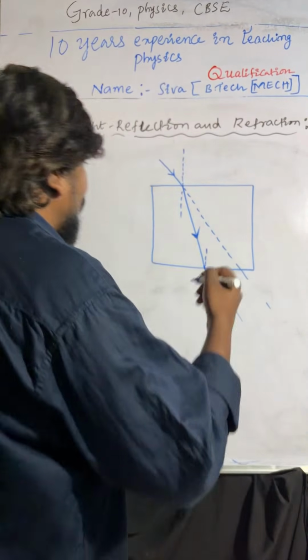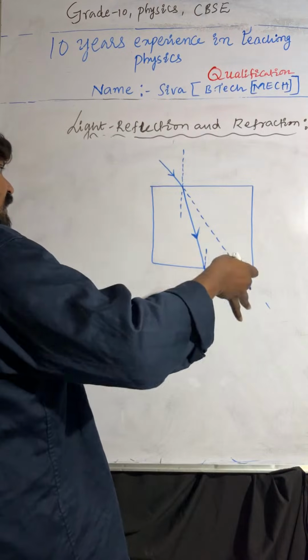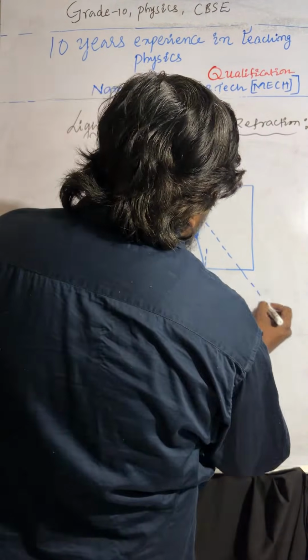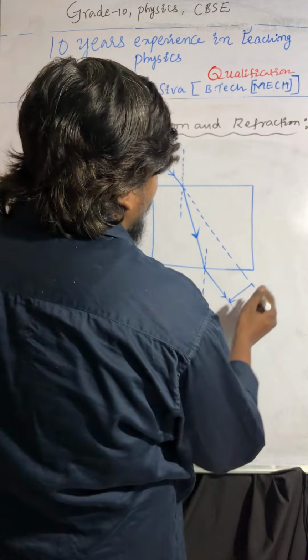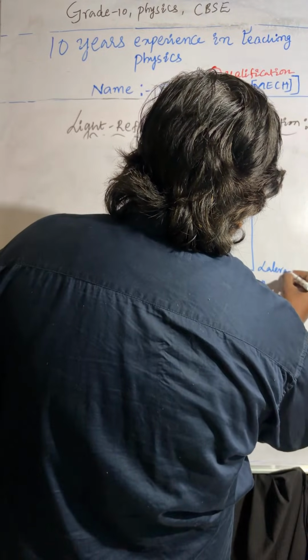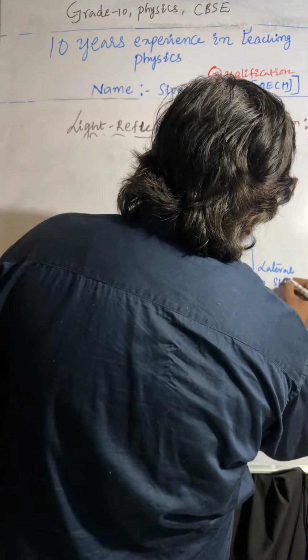So here the light ray is passing along a straight line path, and this is the initial direction of the incident ray. The distance between the emergent ray and the initial direction of the incident ray is called lateral shift. I hope it is very clear.